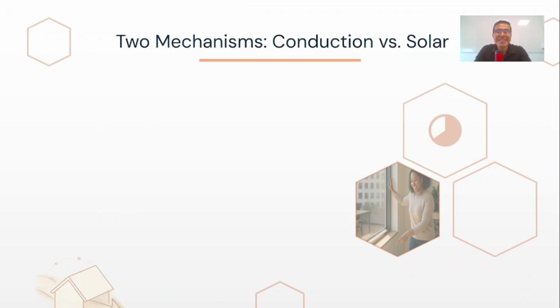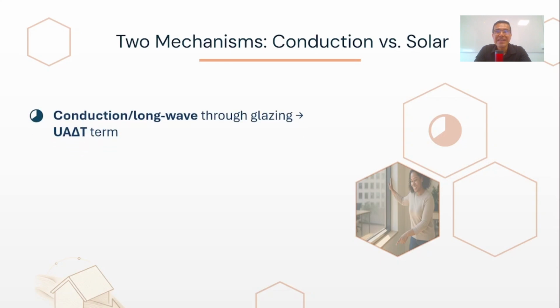First, we need to understand the two main ways heat gets through a window. The first is through conduction. That's the heat that moves through the material itself. It's happening all the time, day or night, as heat flows from a warmer space to a cooler one. We use the UAΔT term to describe this, where U is the U-value, a measure of how well the window resists heat flow, A is the window's area, and ΔT is the temperature difference between inside and outside.